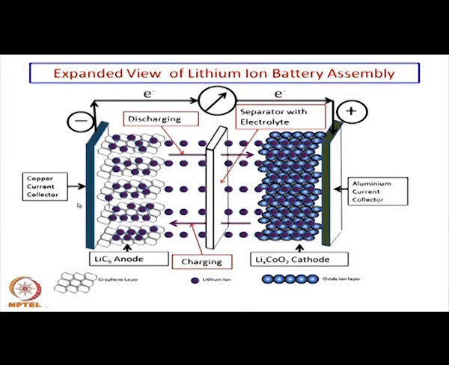On the anode side, you have metallic copper as the current collector. This is basically for proper contacts with both the anode and the cathode. So, this is the basic simple construction of a battery assembly. These violet ions are lithium ions, the hexagonal blocks are the carbon blocks, and then you have CoO2 blocks on this side.